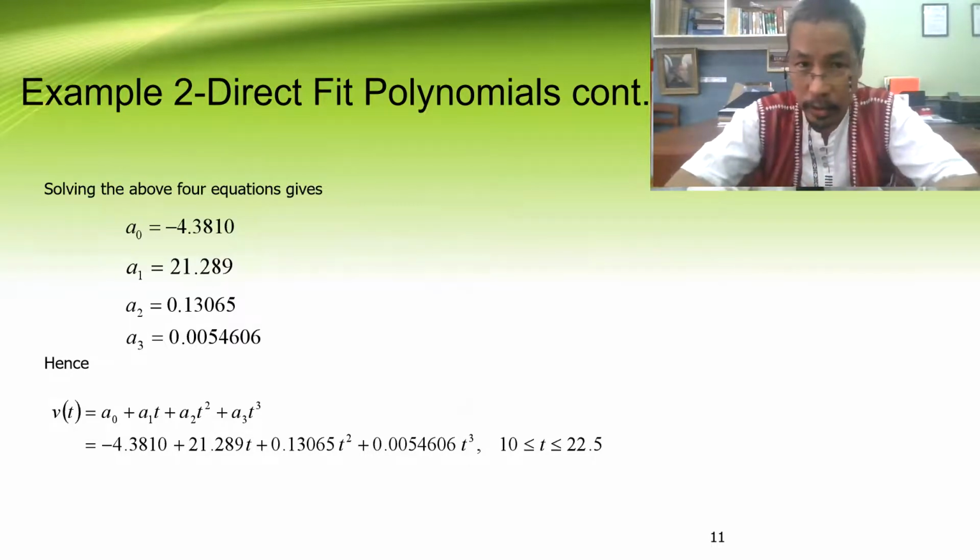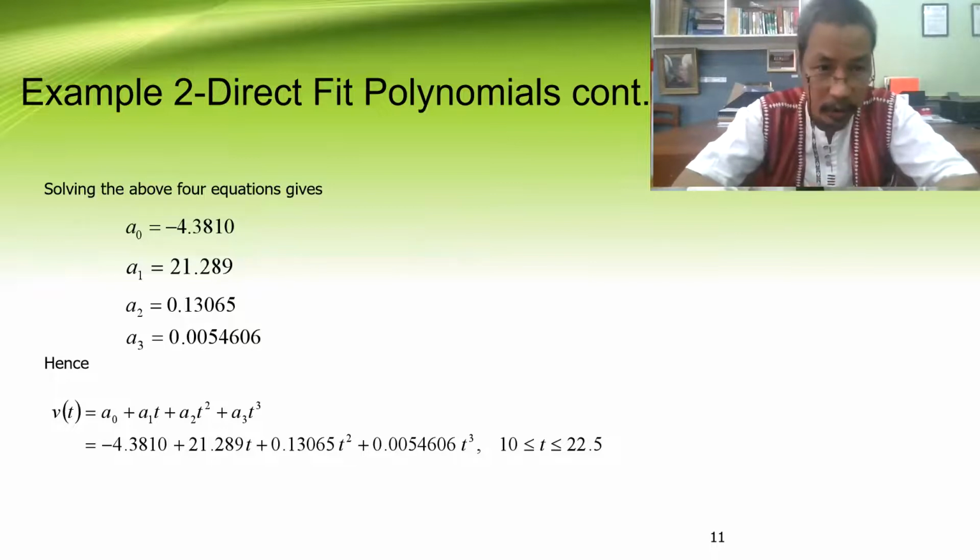Your answer would be A0, A1, A2, A3 with the following values. For example, what is the value that you will get for A2? A2 is equal to 0.13065.